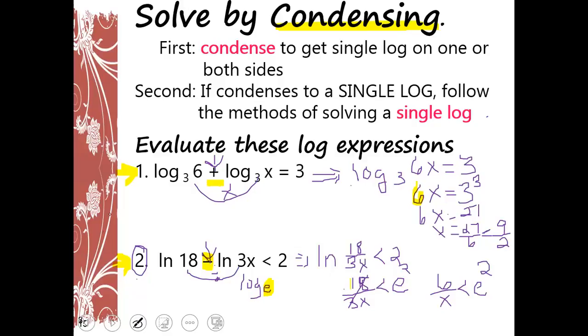I get 6 is less than x times e squared by multiplying both sides by x, and then x is greater than 6 divided by e squared, and I got to work this way. So x is greater than 0.8120.